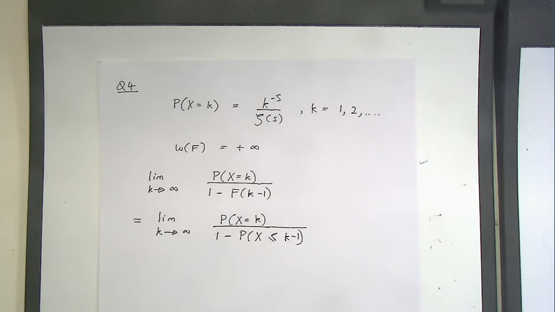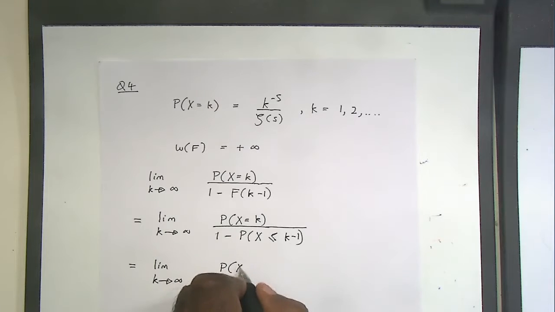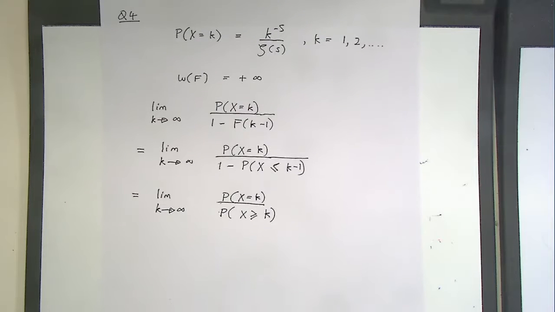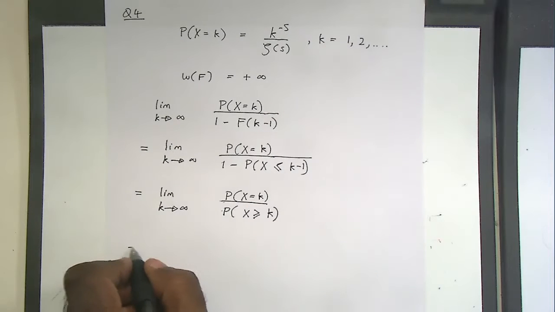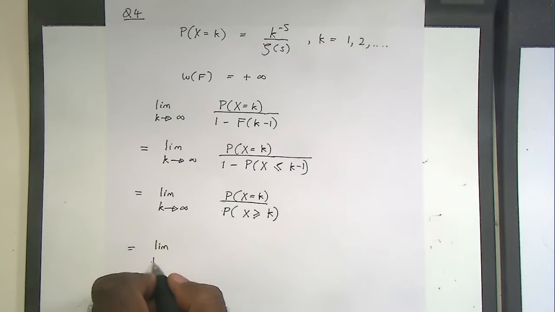Now, what is the 1 minus of this? 1 minus the probability that x is less than or equal to k minus 1 is the same as what? Okay, are you with me, guys? This is the same thing I did when I did the example earlier today.